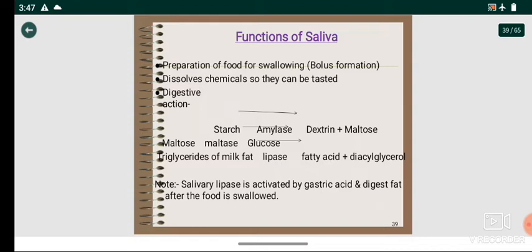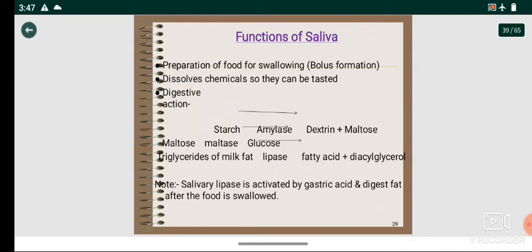Now the next enzyme that is present in the saliva is the lingual lipase, but lingual lipase acts only in a very acidic medium. So it basically starts its action only in the stomach. When this lingual lipase goes into the stomach, it gets the acidic pH and then only it can be activated.